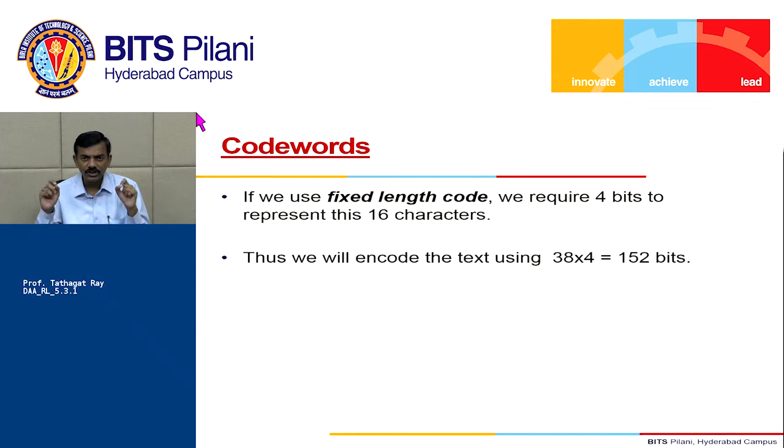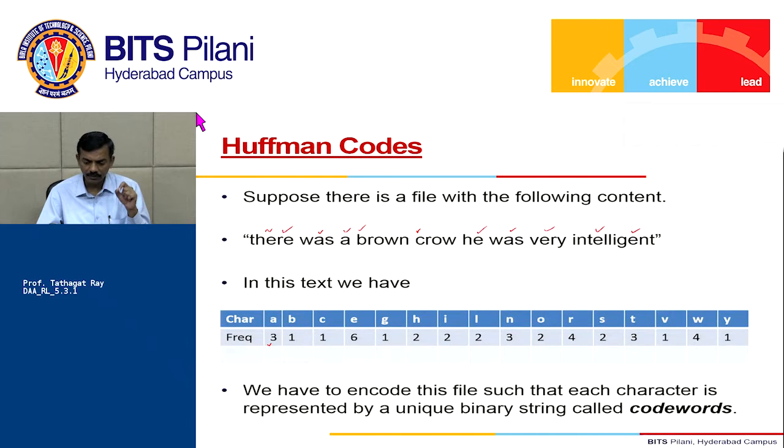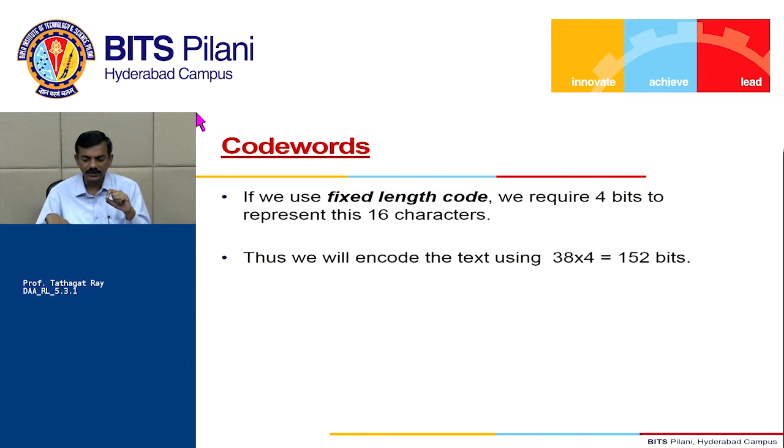Since we had 16 characters in our previous example, and you go by the simplest thought process, thinking that there are 16 characters, that means I can represent 16 things using 4 bits. 2 to the power 4 is 16, okay?